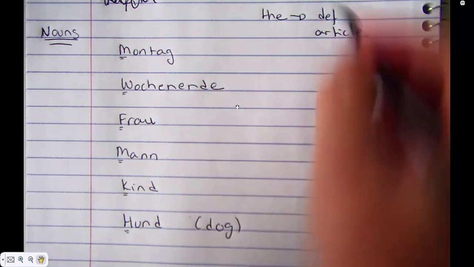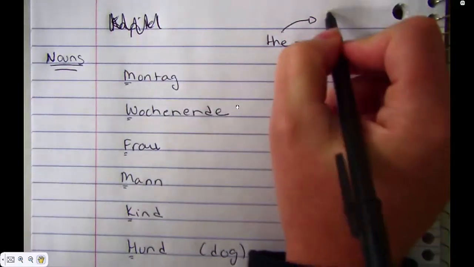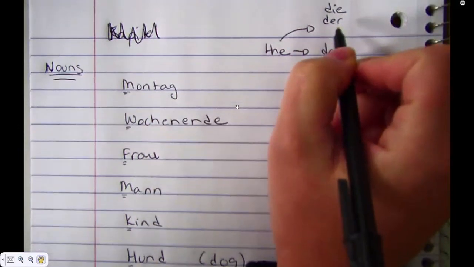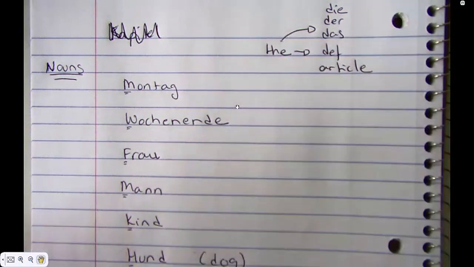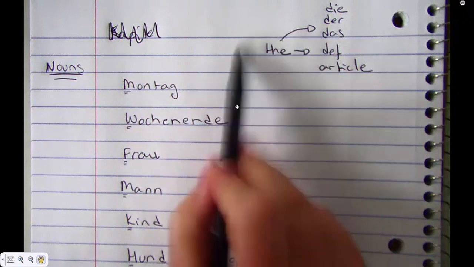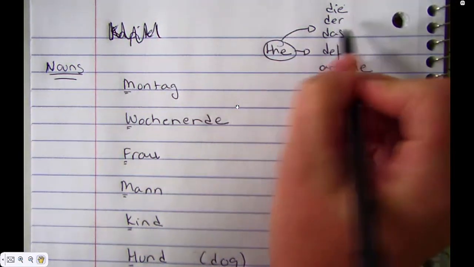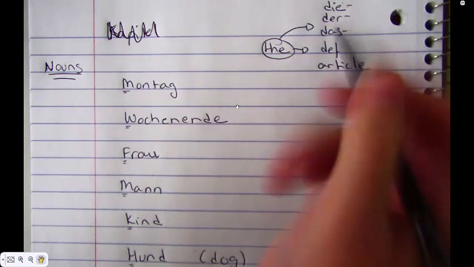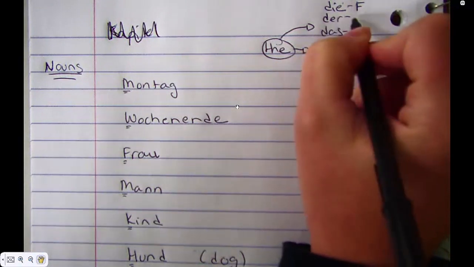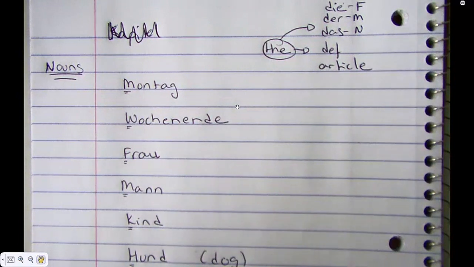In German, we have three of those. Specifically, we have der, we have die, and we have das. So those three specific ones are our the. And all of these denote a grammatical gender. Specifically, we have die for feminine, der for masculine, and das for neuter. So far so good.